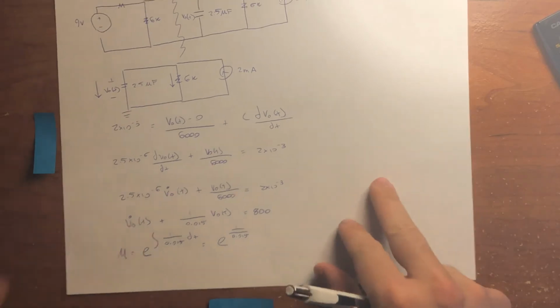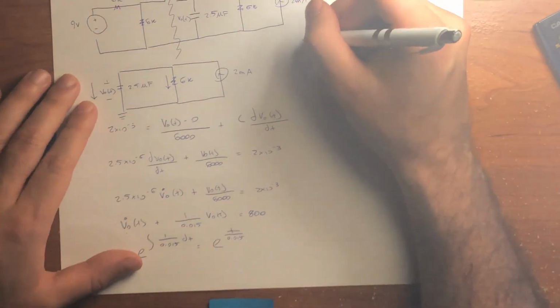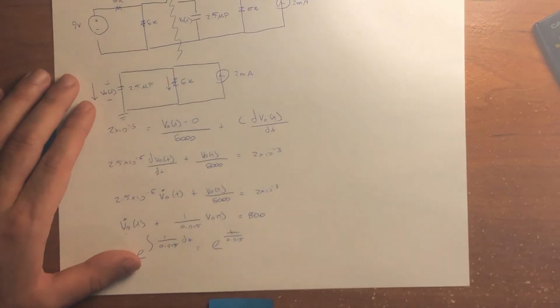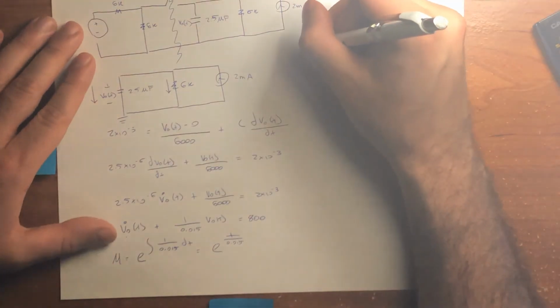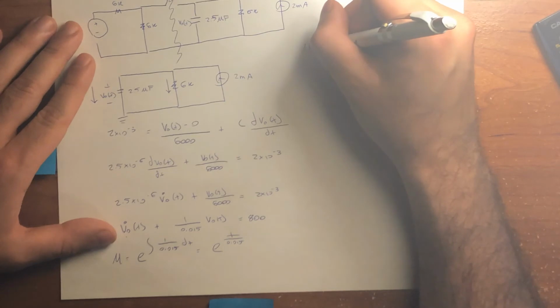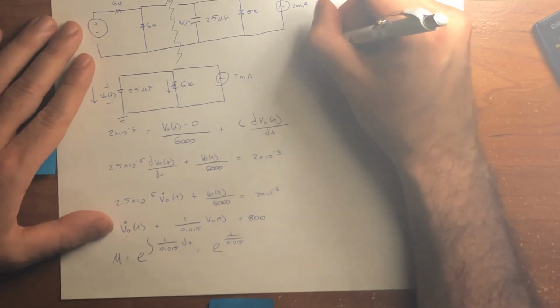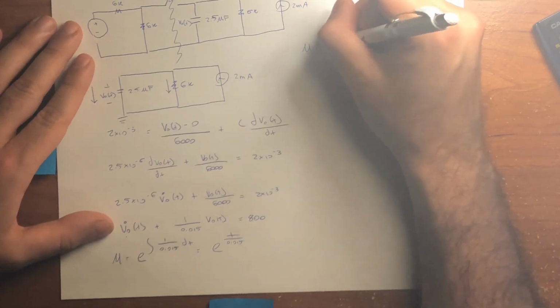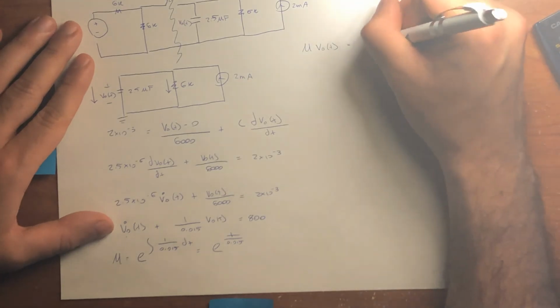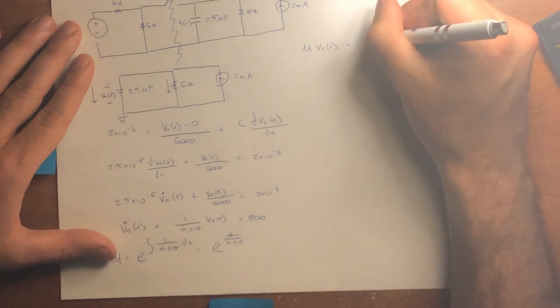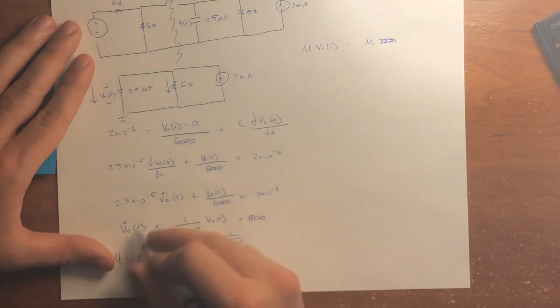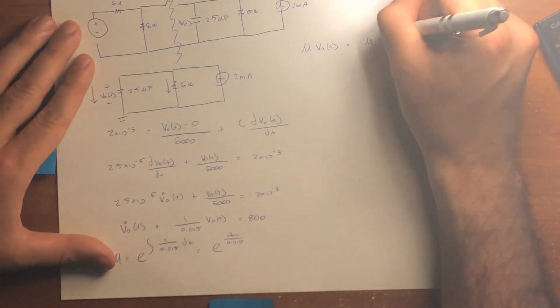So let's do that. If we multiply everything by the integrating factor, we end up with u times V0(t) equal to u times this coefficient, which, because we simplified it, is 800.